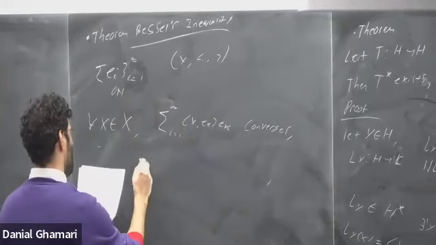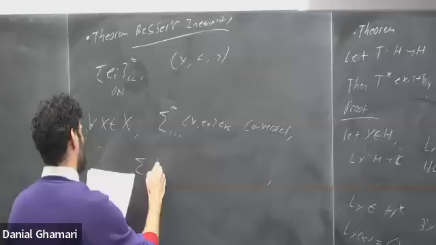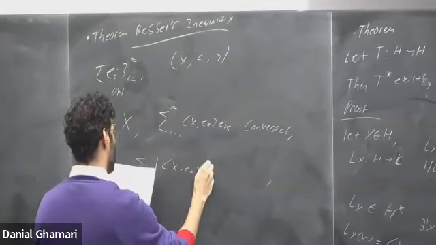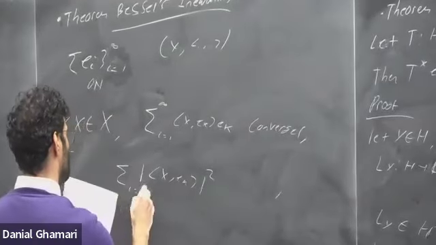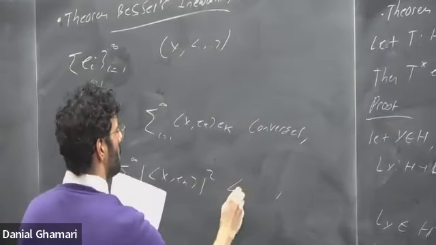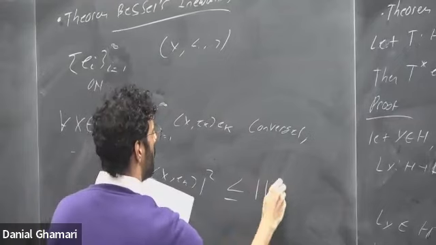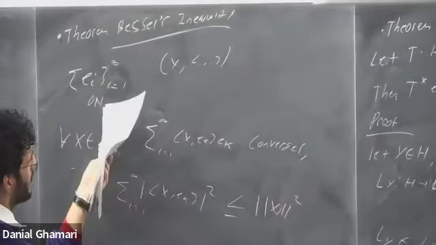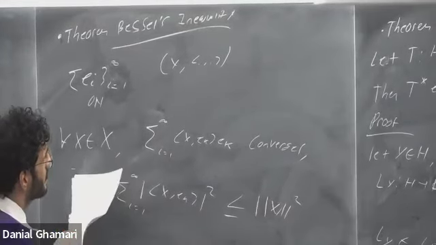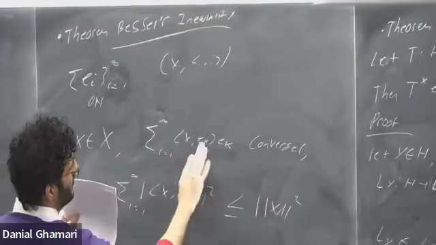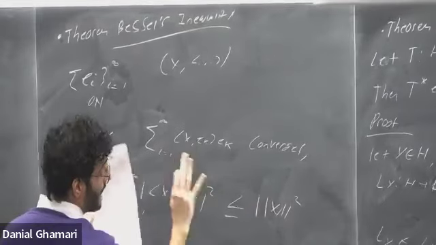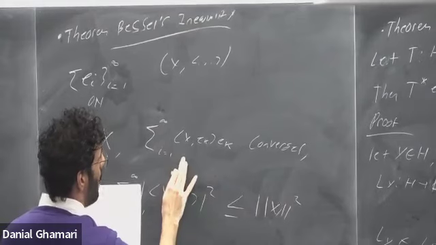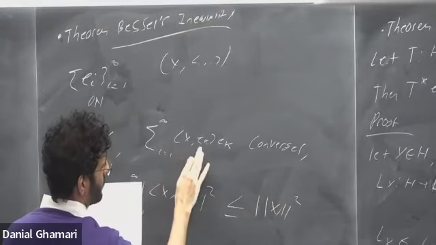And I have that the sum of the squared norms of the coefficients is bounded above by the norm of X squared. So essentially I've decomposed X, which is actually just a projection, given by the inner product of X with e_k.